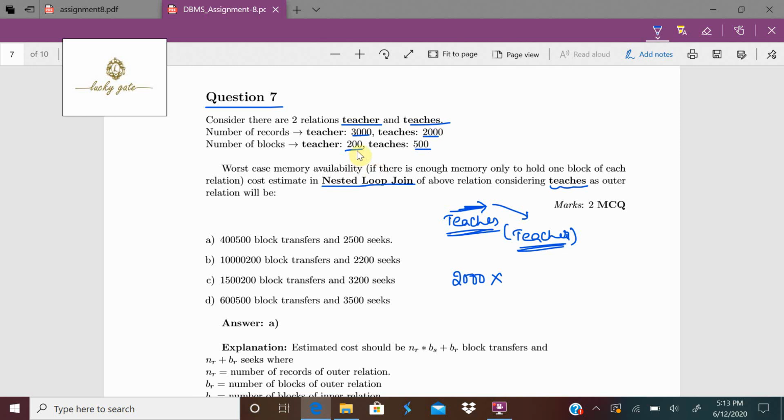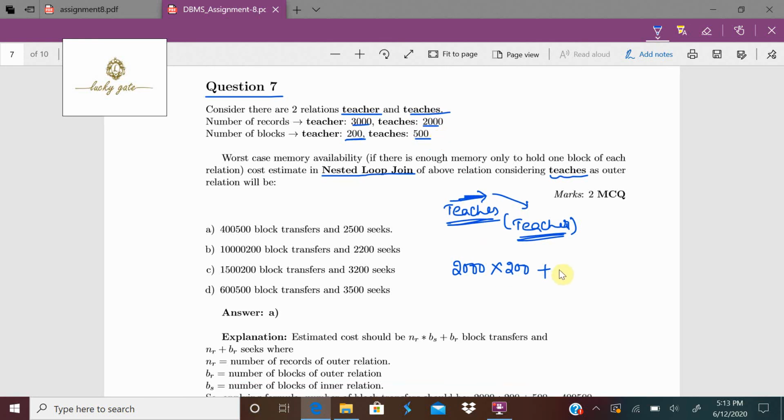How many blocks of teacher? 2000. Plus it is to be done for every block of teachers. How many blocks of teachers? It is 500. So when you calculate this, you will get an answer of 400,500. This is matching with option A. So the correct answer is option A.